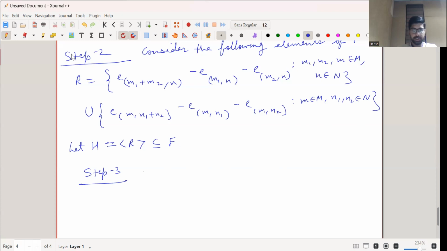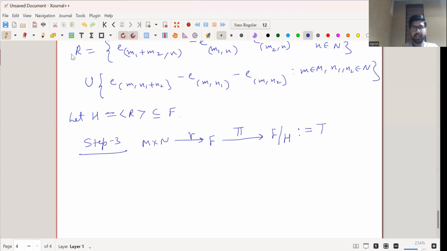Then step 3 is just to quotient. So from M cross N to F, you have the map gamma coming out of the free module, and then from F to F modulo H, you have the projection map phi, and this F quotient H is our T, the tensor product, and it comes with a bilinear map.